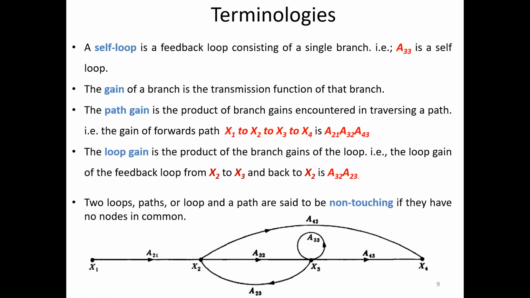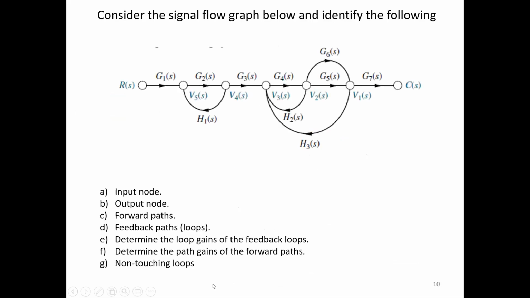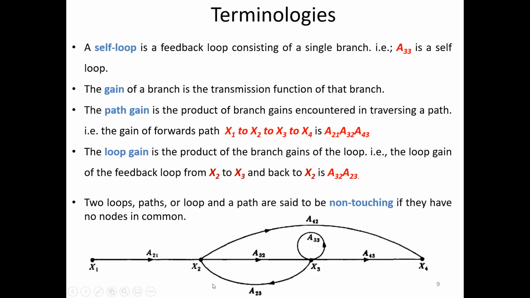Okay, so we identify non-touching loops. How can we say two loops are non-touching? You can identify two loops here. This is one loop, that is x2, x3, and at x3 you have another loop. In a few graphs you may find more than two loops existing. So we define any two loops as non-touching if they are not sharing any nodes or branch in common.